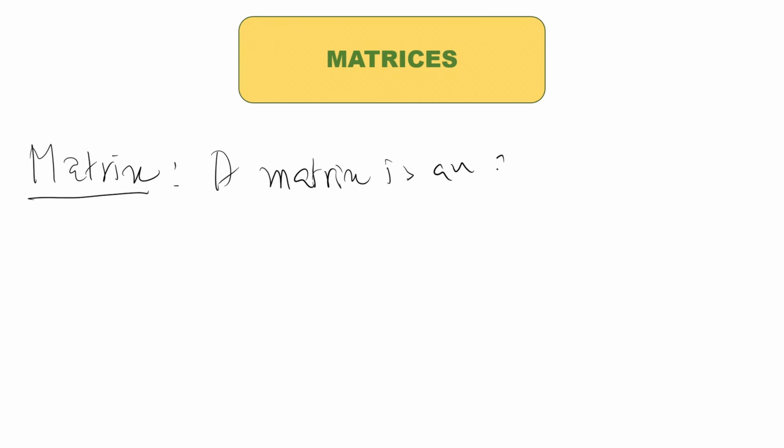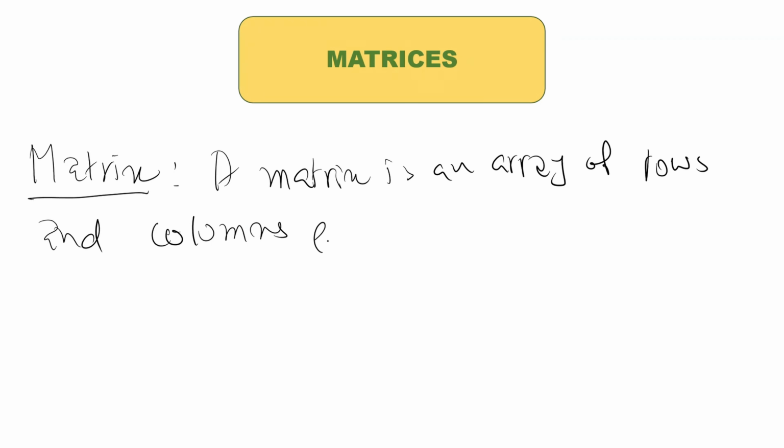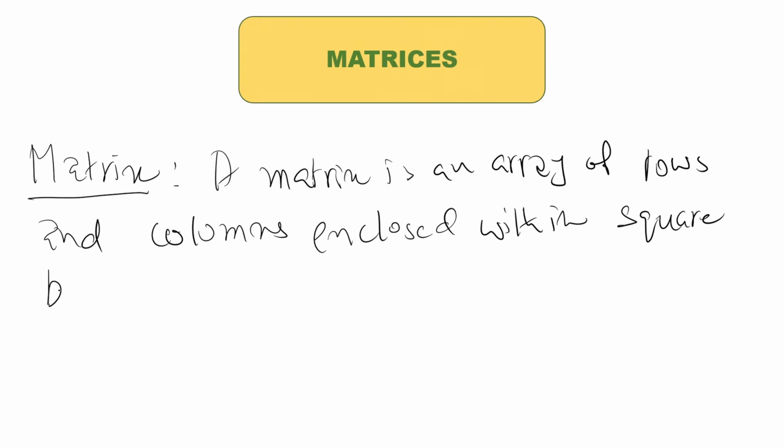A matrix is an array of rows and columns enclosed within square brackets.